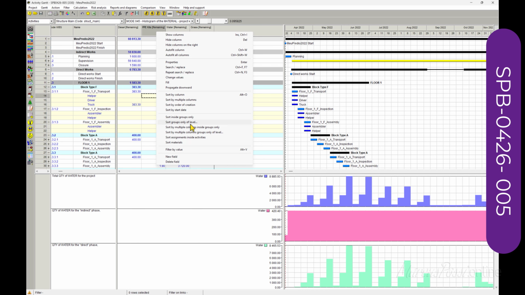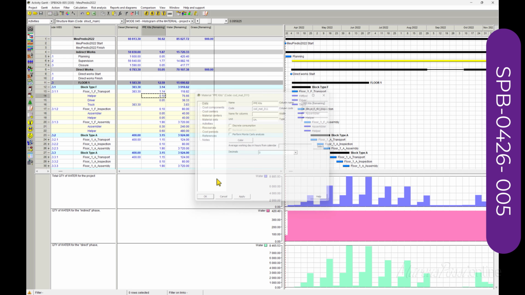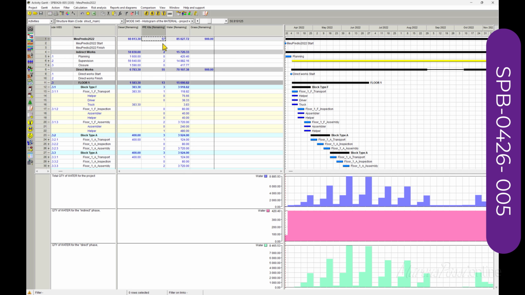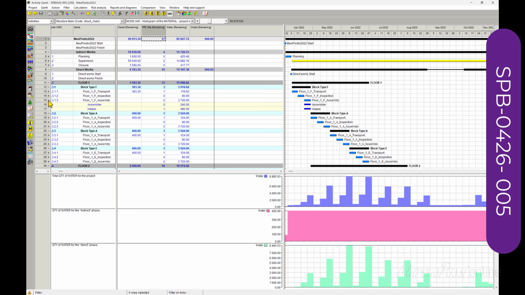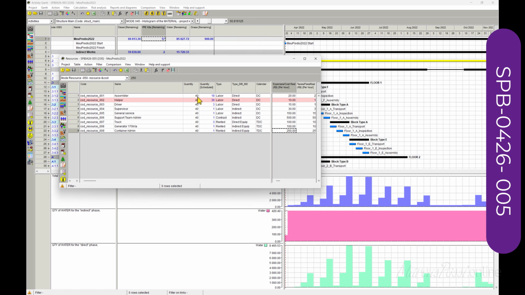So I will hide all the decimal places, and I understand that in this project we will have to have 57 PPE kits. There are 40 people here, 40, there are much more than 57 kits.